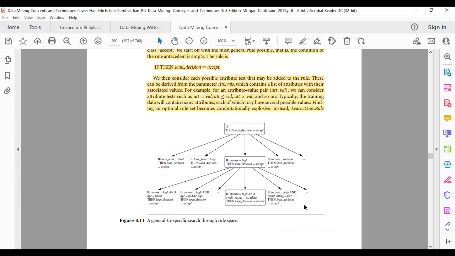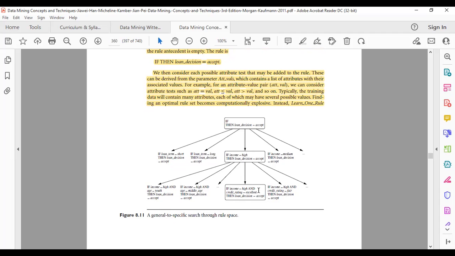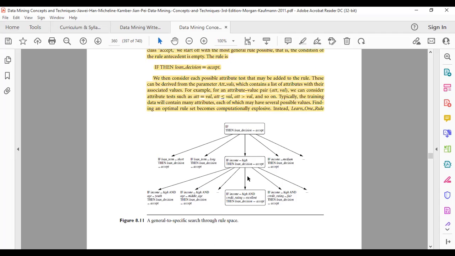So for all other attributes like credit rating, for all the values of the credit rating like fair and others, I don't remember the other credit rating values, but for every attribute value, like here we have age equal to youth, age equal to middle age. For all attribute values, we will find out the rules, and the rule which maximally satisfies those conditions, we will add.